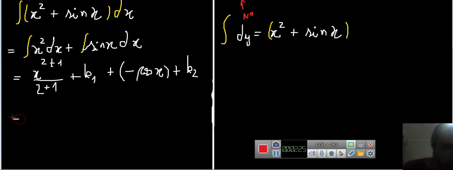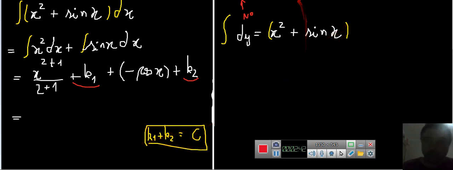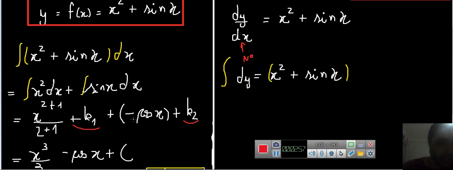So now we just sum the constants right here, k1 plus k2, and we call it c, okay? And then we will get 2 plus 1 is equal to 3, so x cubed divided by 3 minus cosine of x plus constant. So this is the integral of this function right here, okay?